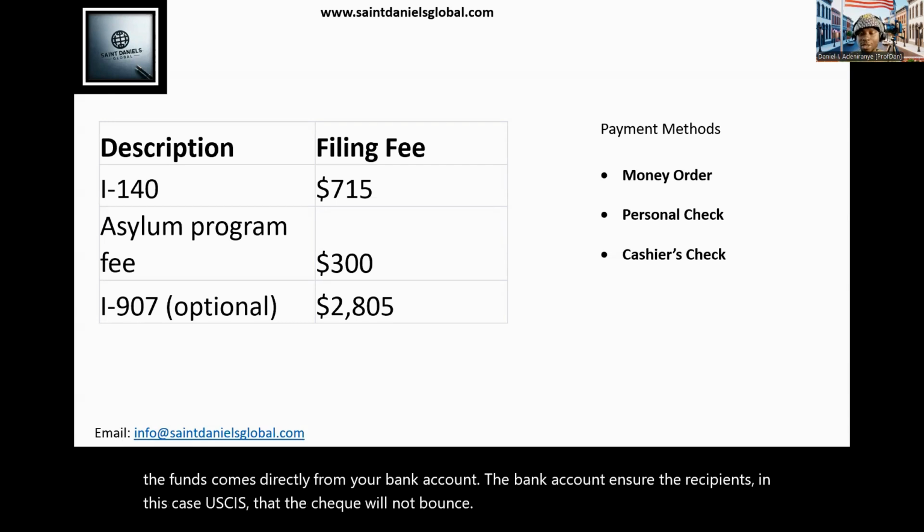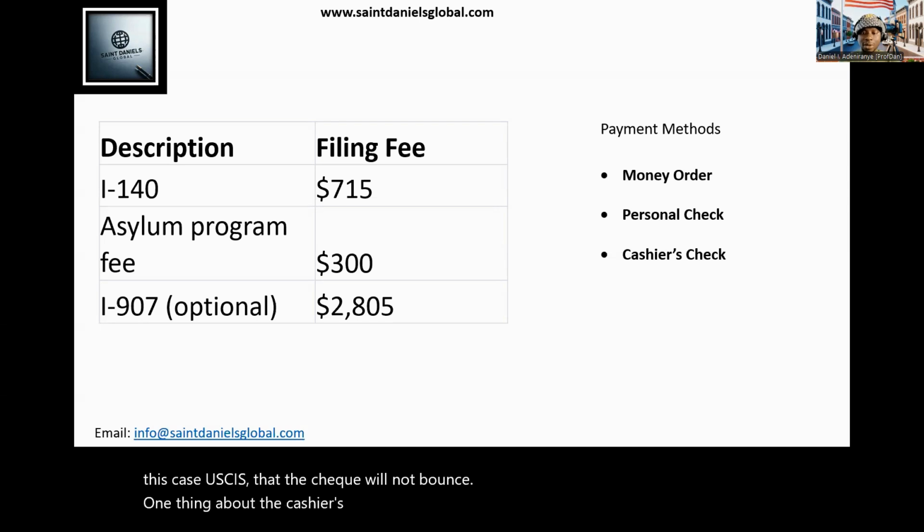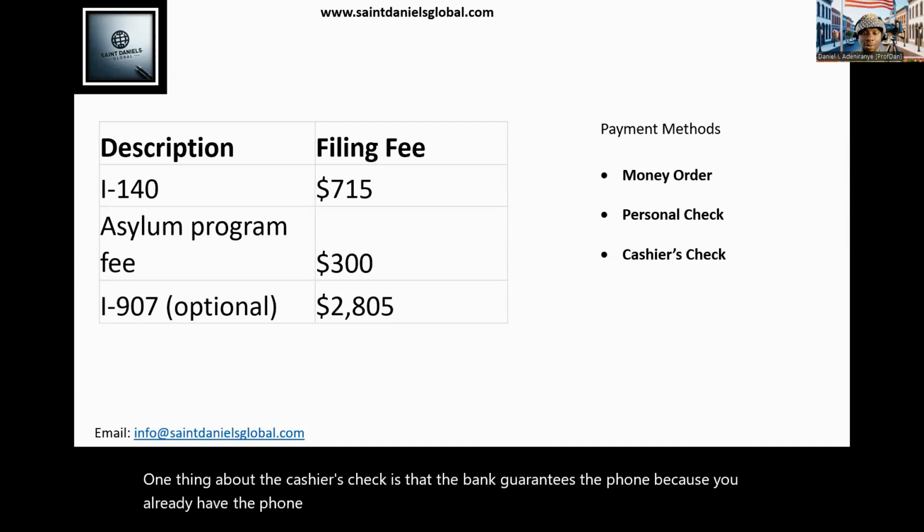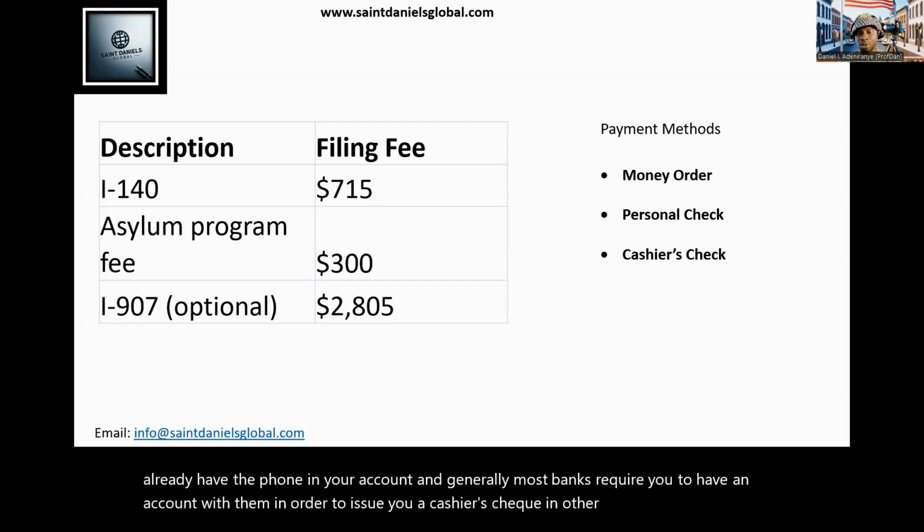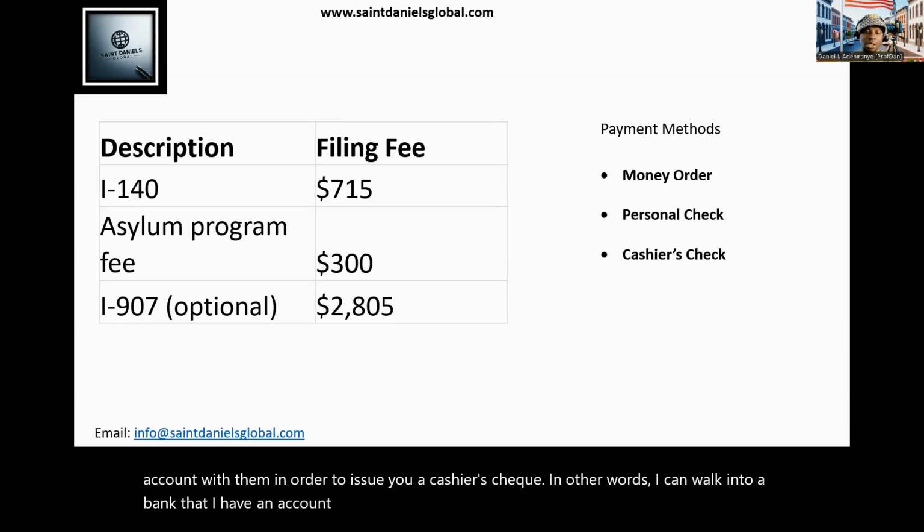One thing about the cashier's check is that the bank guarantees the fund because you already have the fund in your account. And generally, most banks require you to have an account with them in order to issue you a cashier's check. In other words, I can walk into a bank that I have an account with and ask for a cashier's check, and they can write that for me.